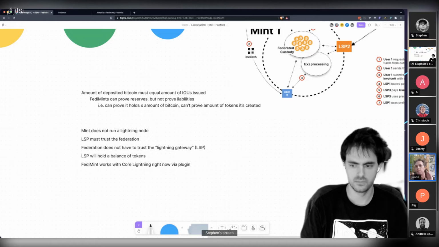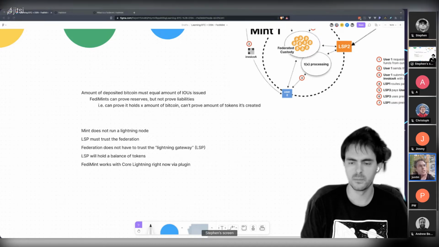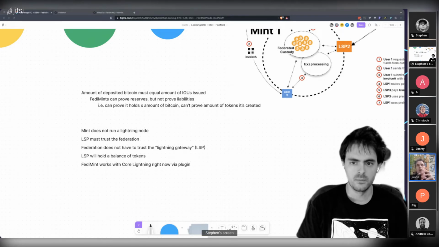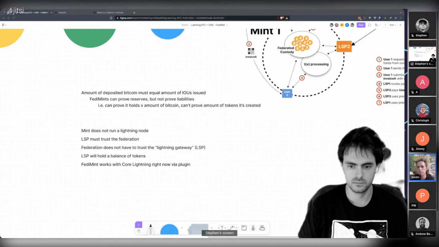Just run one little file, and hopefully eventually there will be integrations with stuff like Voltage, some of these node offerings, maybe BTCPay, or maybe Umbrel, some of these things that build UIs for your Lightning node. They could just have a couple buttons like, hey, would you like to become a gateway? Okay, what is the config file for the federation you want to serve, right?